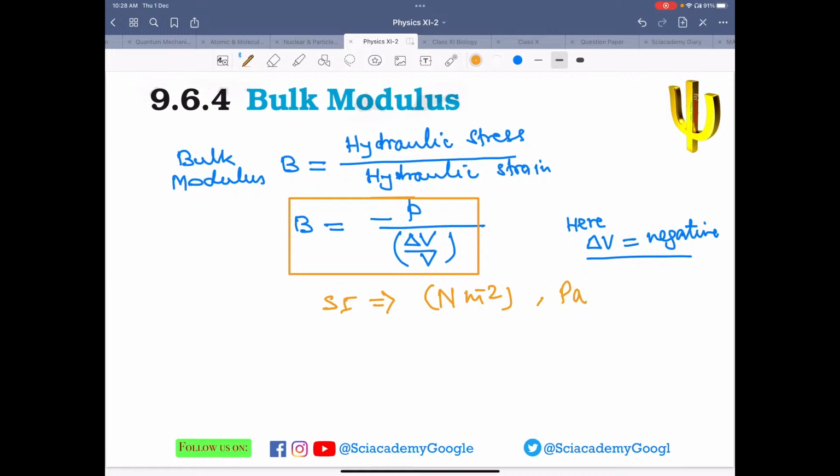Now the reciprocal of the bulk modulus is called the compressibility.